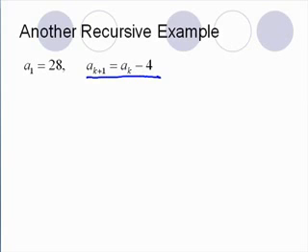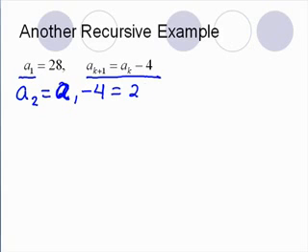So that says I use the current term to get the next one. So to get a sub 2, I'm going to use a sub 1, and I'm going to subtract 4, and that's going to give me 28 minus 4, which is 24.